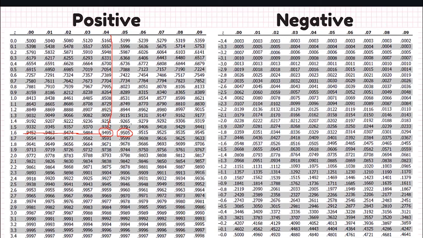And above it is 0.05. So, like what we did to the previous value, we are going to add 1.6 and 0.05. So the z-score is 1.65.